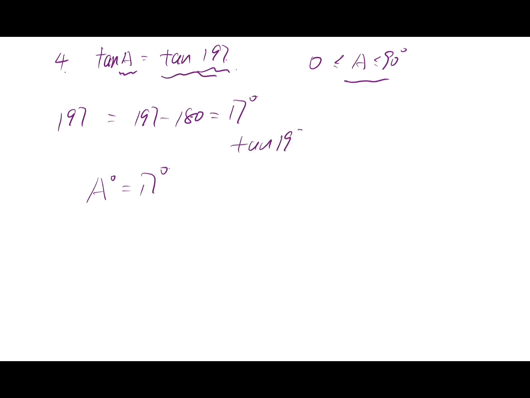Another way is that tangent 197 is positive, because this one is in quadrant 3, and tangent is positive there. So the answer is 17.